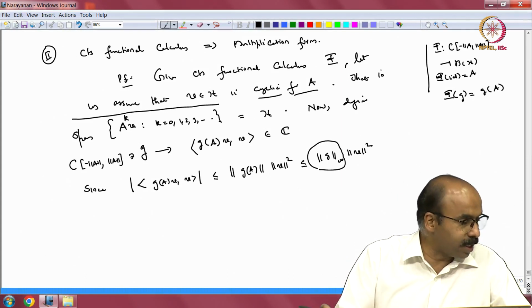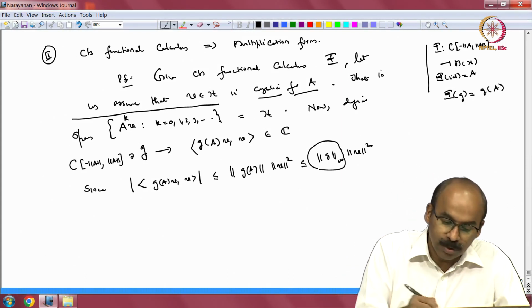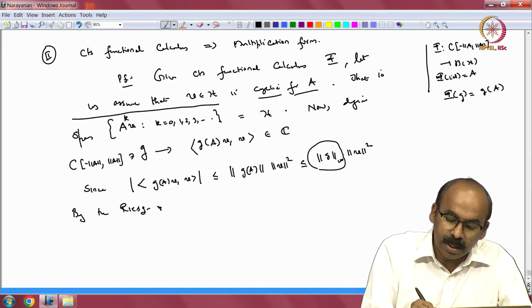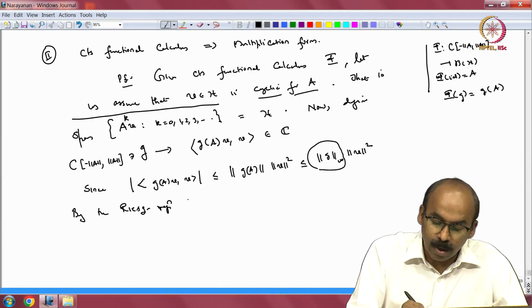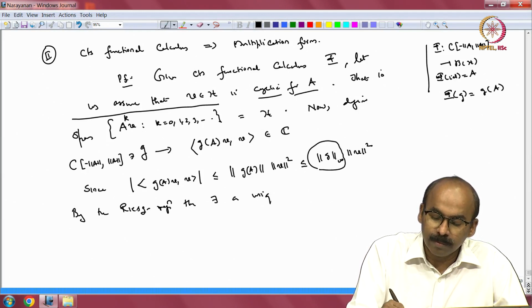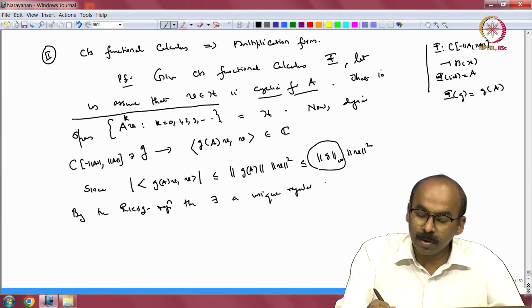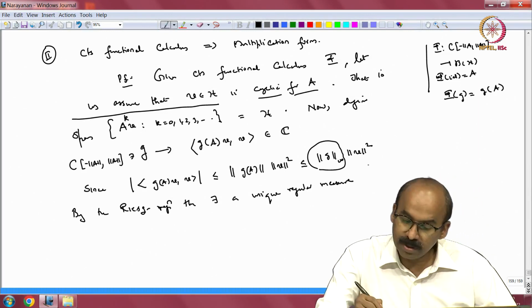So, by Riesz representation theorem, there is a unique measure, right. There exists a unique, in fact regular, measure, which we will call mu, but it depends on v, right.